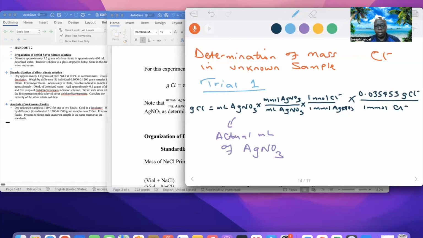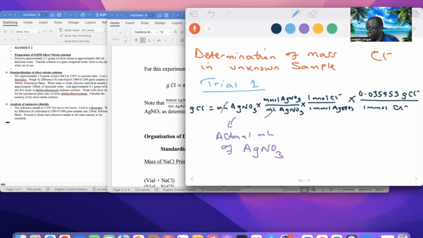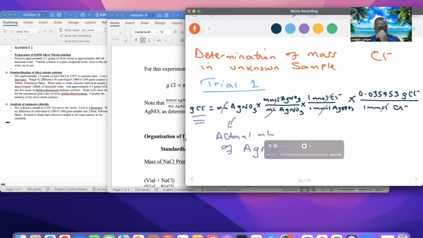Then you use the molarity, millimoles of silver nitrate per mL of silver nitrate, so that you can cancel mL, millimoles of silver nitrate, and millimoles of chloride. This will give you the grams of chlorine or chloride in your unknown sample. Let's just say chloride or chlorine is the same thing.